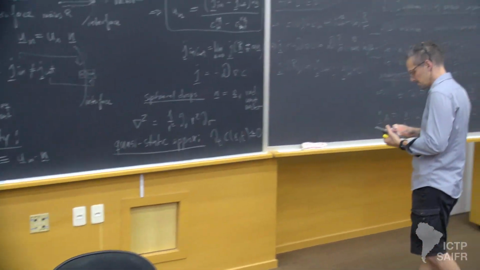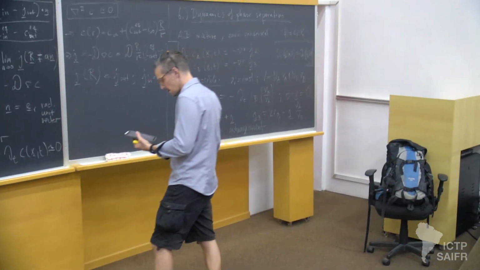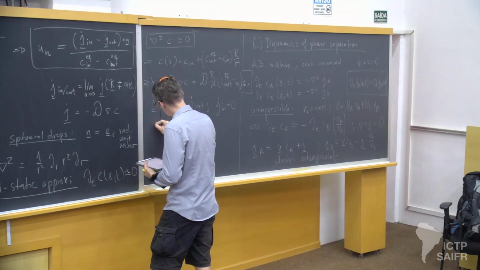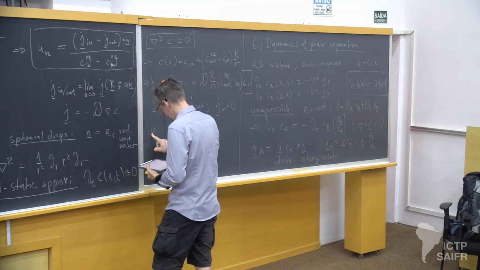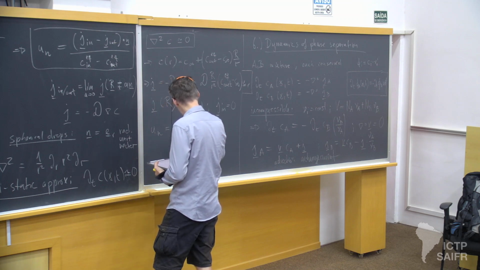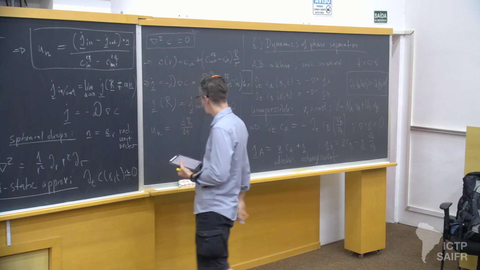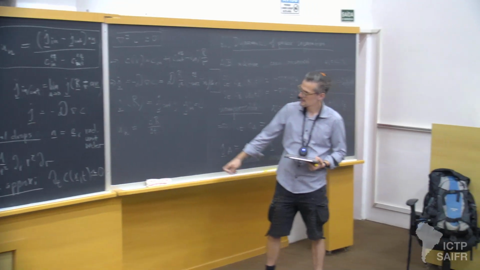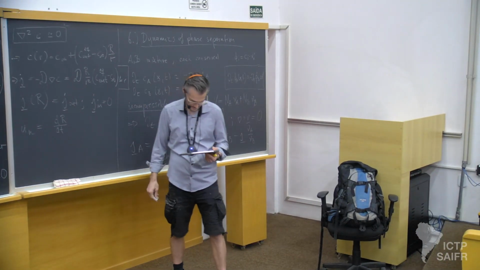Good. Yeah, and then I think we can finish and say that the interface velocity, un, in spherical coordinates, if you have isotropic domain growth, is simply the change of the radius.